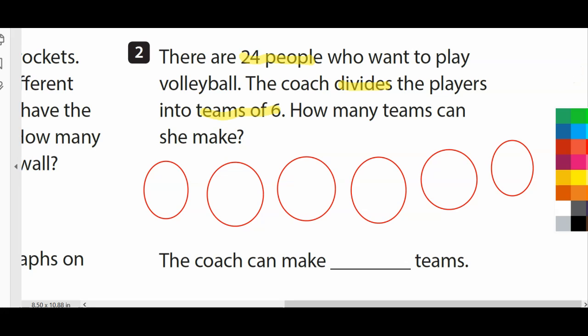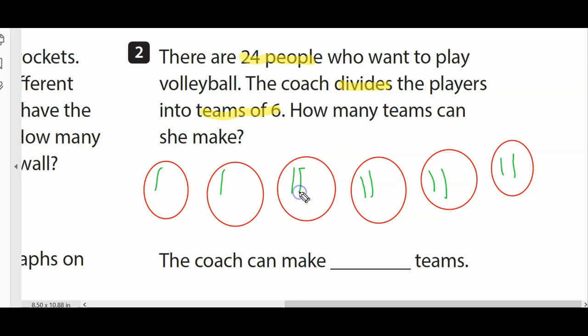No, I don't. Okay, I need to divide 24 players, so I'm going to put a tally in each one of those, and keep going until I run out. Right? Okay, 1, 2, 3, 4, 5, 6, 7, 8, 9, 10, 11, 12, 13, 14, 15, 16, 17, 18, 19, 20, 21, 22, 23, 24.